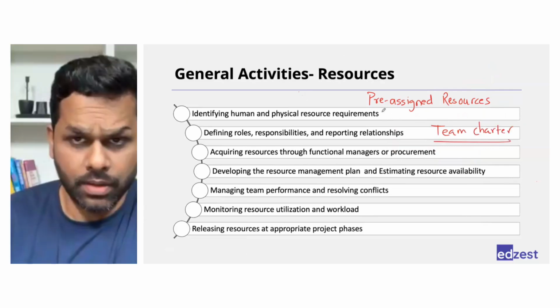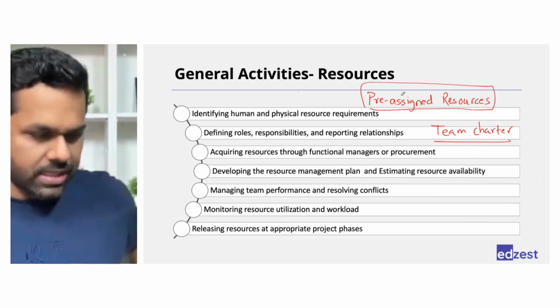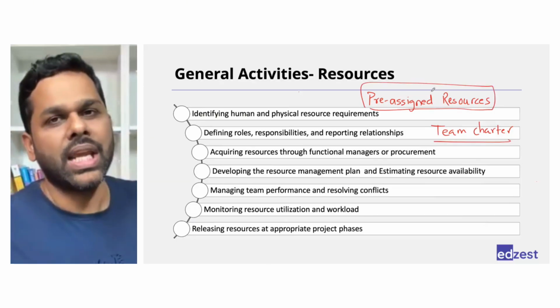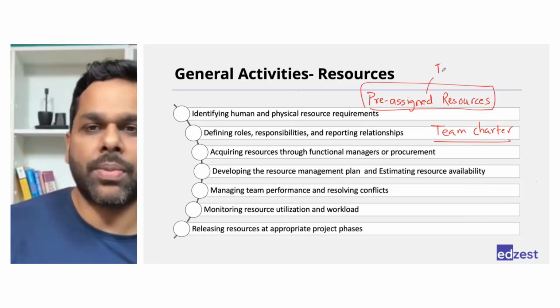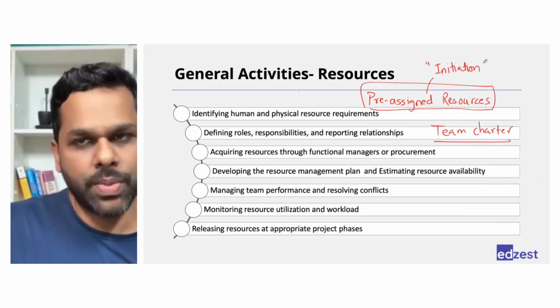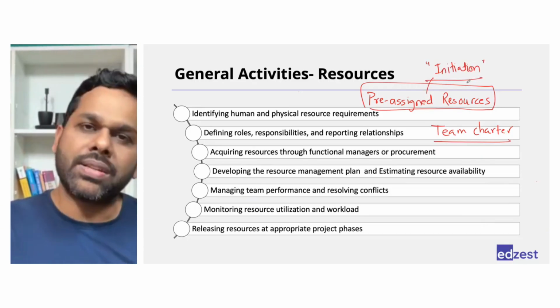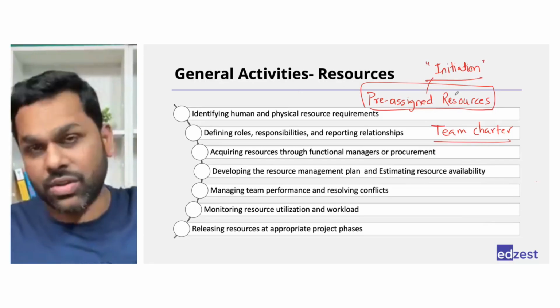Yeah, sure. So pre-assigned resources, as the name suggests, are resources which have been assigned even before the project was started. During initiation of the project itself, while you are creating the project charter, you have been told that yes, you would be managing the project with these people, with one or two physical resources also.